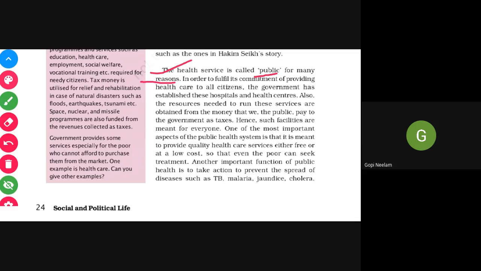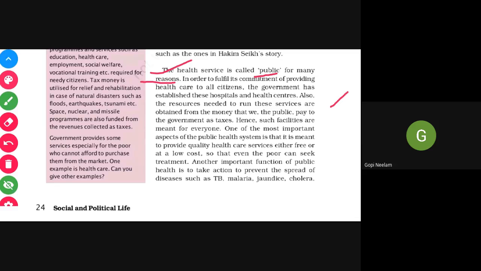Also, government has established these hospitals and health centers which are meant for serving people of all cadres, irrespective of their social status. It is meant for serving all the people. The resources needed to run these services are obtained from the money that the public pays.